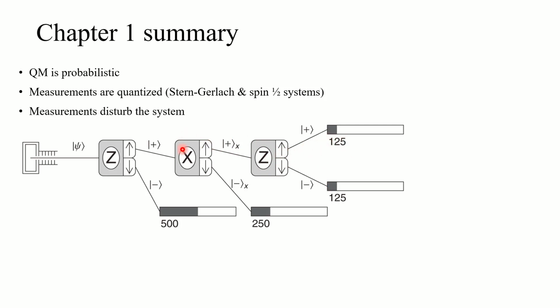And what happened was somehow this measurement of the x component of the spin angular momentum erased or disturbed or changed any information we might have had about the z component of that spin angular momentum. They were all spin up. We made a measurement of the spin in the x direction, and now all of a sudden they are half spin up and half spin down in the z direction. So these measurements fundamentally disturbed the system.